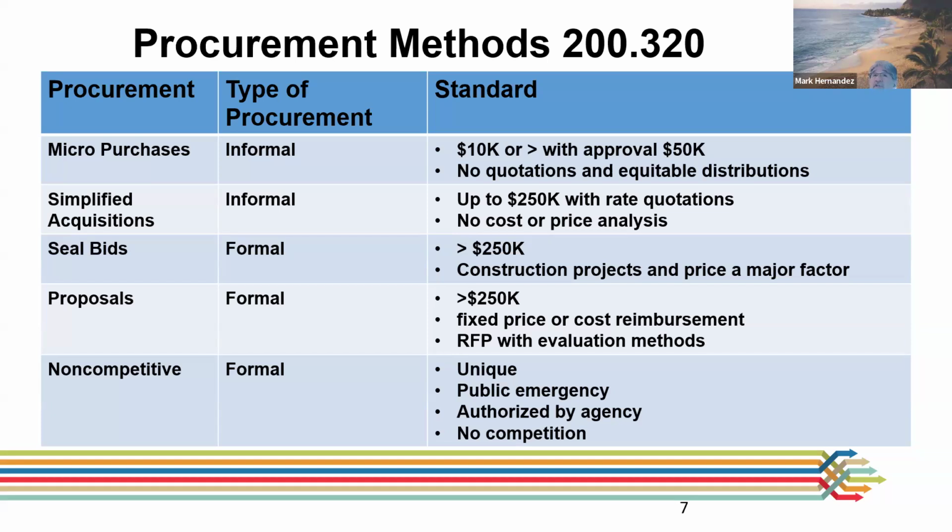Within that, the informal type has micro purchases and simplified acquisition as their procurement. Simplified acquisition is now the new term that the feds are using for that area. And as you can see, the standard for micro purchase is up to $10,000, or you can have approval for $50,000.